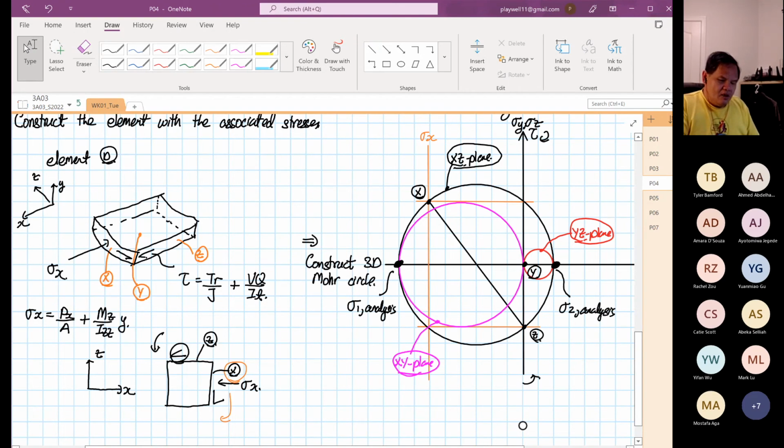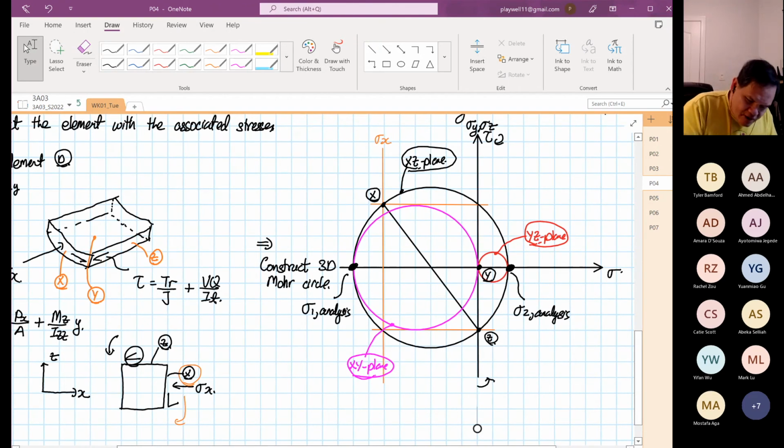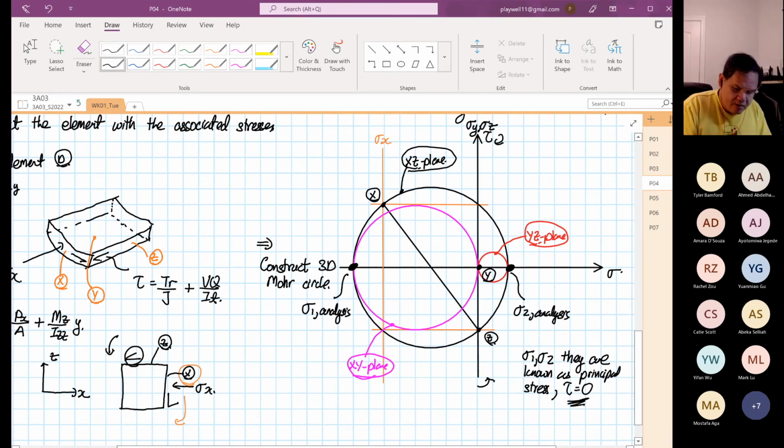What we realize about stress 1 and stress 2 is that they are known as principal stresses. And in the principal stress, the shear stress is equal to what? 0. The shear stress is equal to 0.